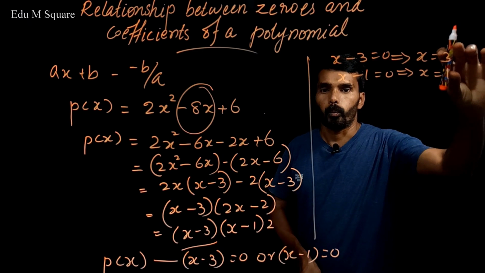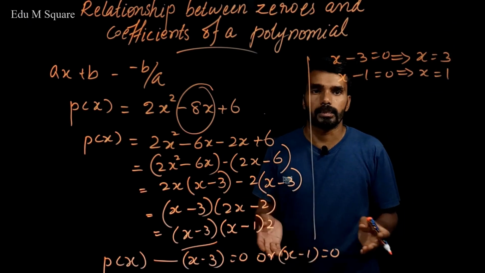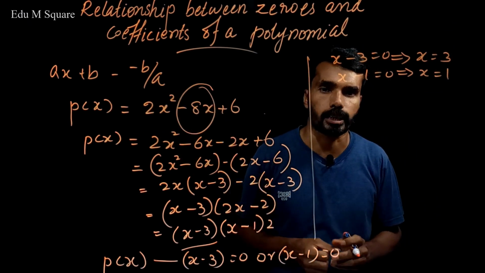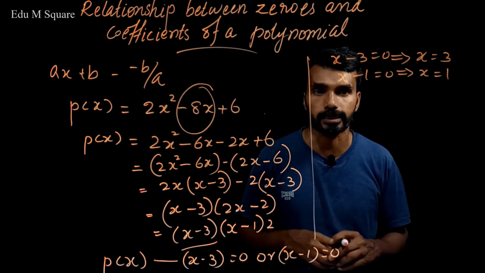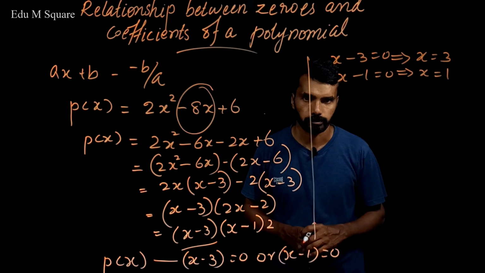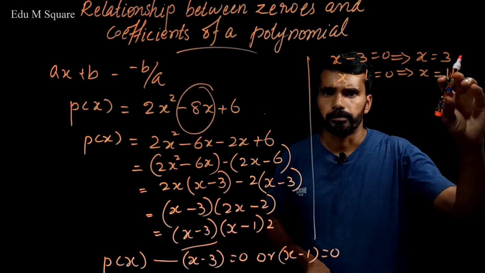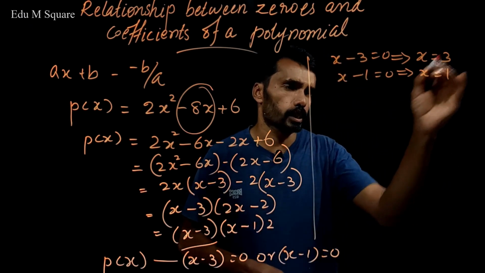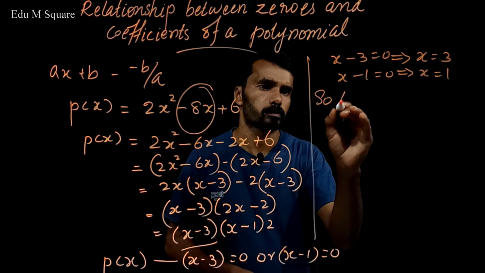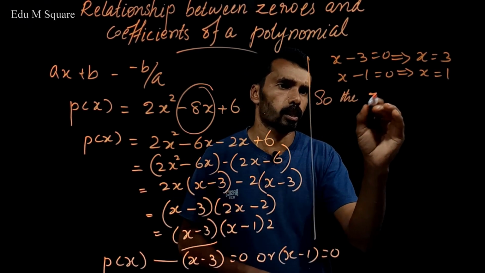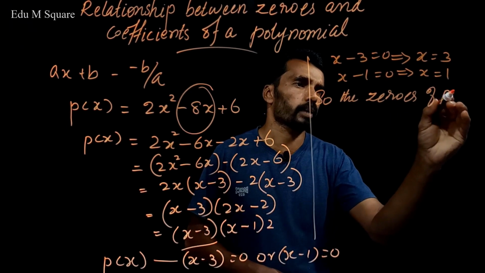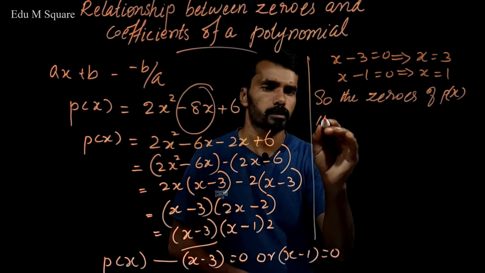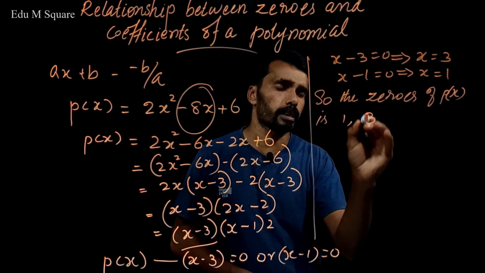So 1 and 3 are the zeros of this quadratic polynomial p of x is equal to 2x square minus 8x plus 6.